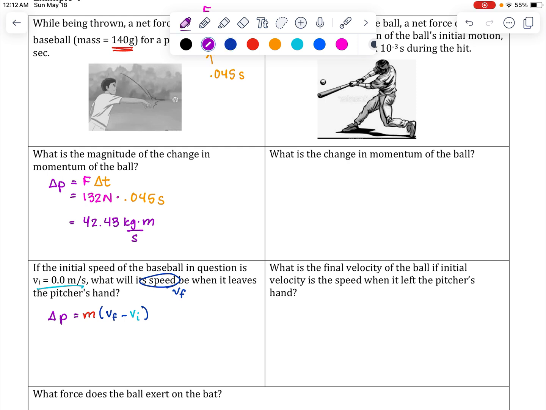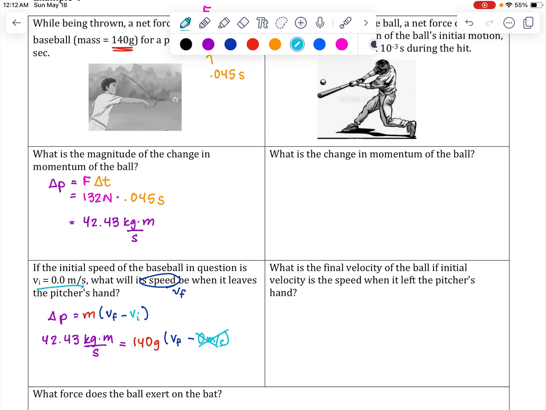Our change in momentum, or our impulse, is 42.43 kilogram meters per second, equal to its mass, 140 grams, times my final velocity, which is what I want to know, minus my initial velocity of 0 meters per second, so I can just take that out of the equation.